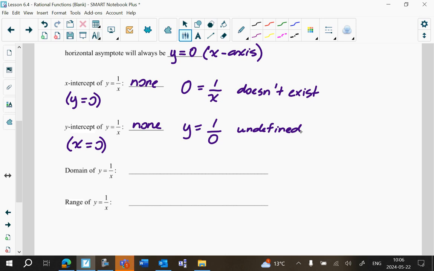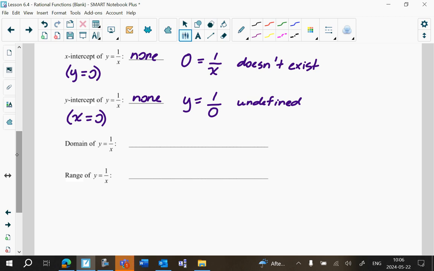So how do I write, using interval notation, every number except 0? You'd have to start at -infinity, go up to 0 but not include it. Then you'd skip over 0, start at 0 again, but don't include it, and go to +infinity.